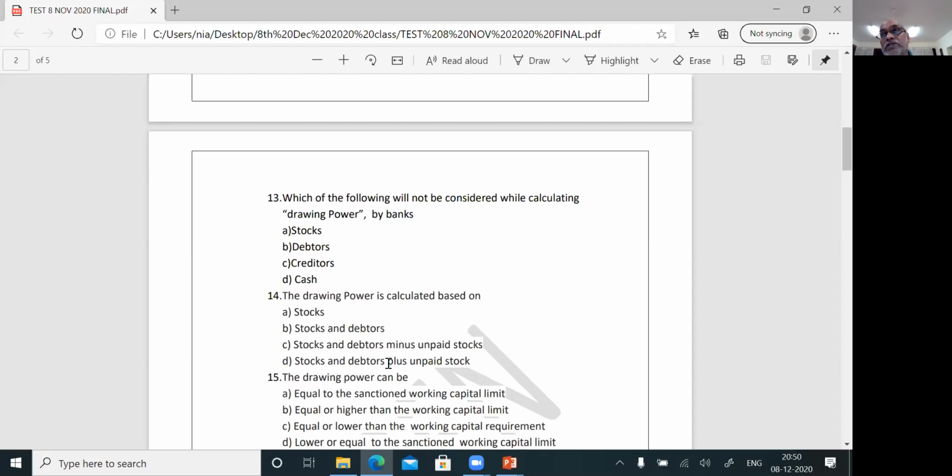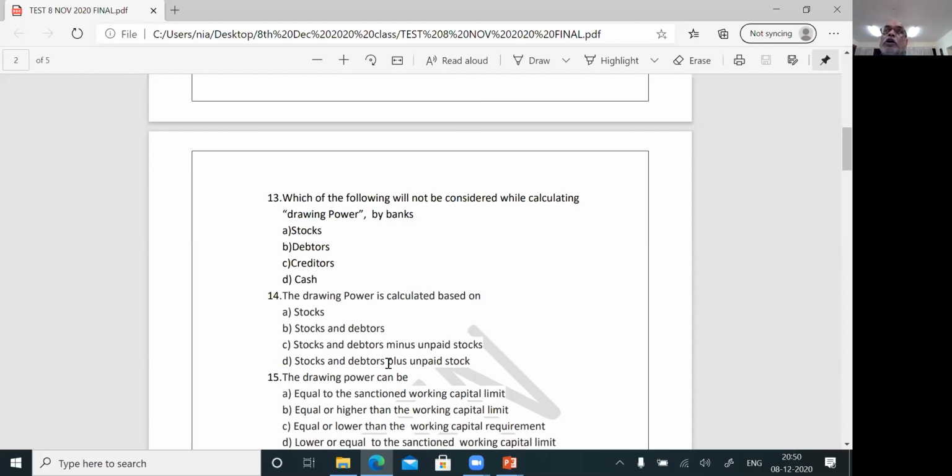On the other hand, if there is a sundry creditor, what is it? You purchased the stock and you are yet to make the payment. Or any goods received under ILC, that is, goods already received under LC for which you have not yet paid and the LC is not yet retired. Those cases, the creditors and goods received under ILC for which payment is yet to be made, should be subtracted from the stock.